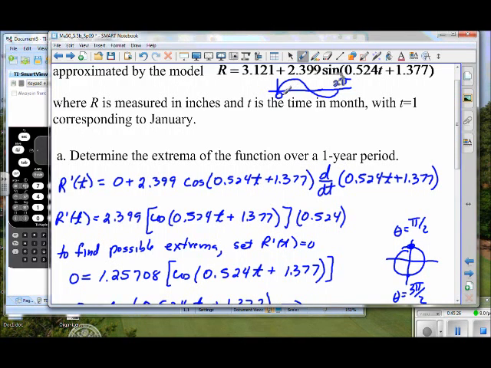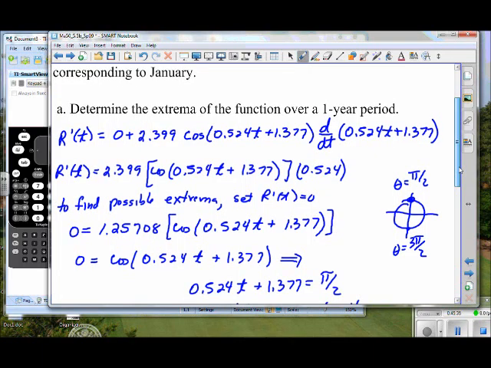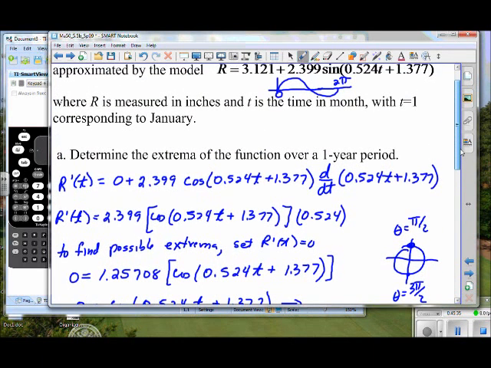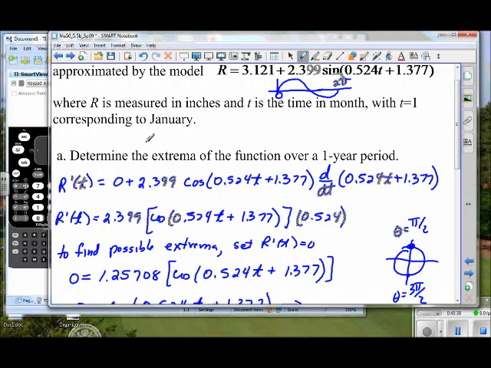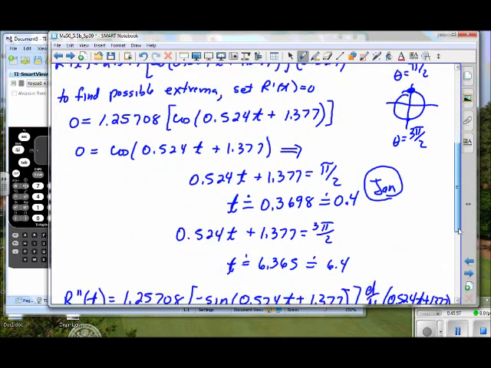If t is 1, then we are talking about January. So exactly when is 0.4? You could argue that it's in December, although we would probably think that 12 would be December. 0.4, I think I'm going to go with sometime in January. So the month of January is going to give us our maximum rainfall.